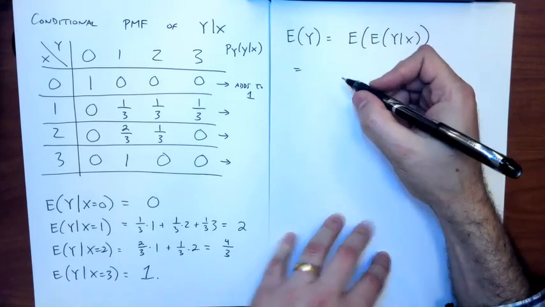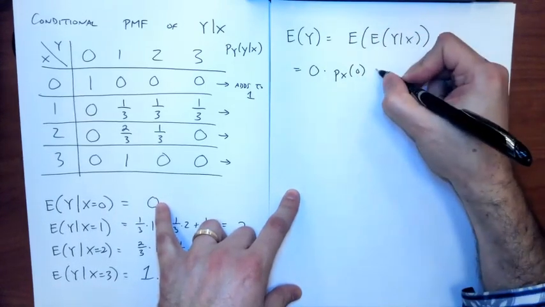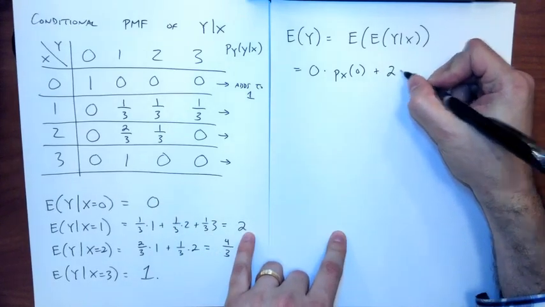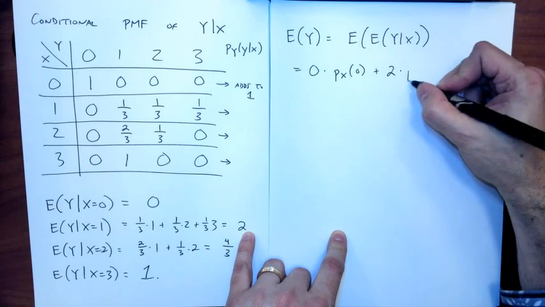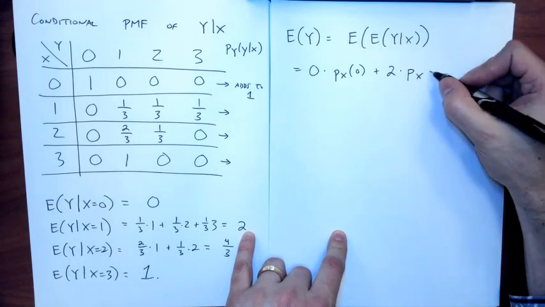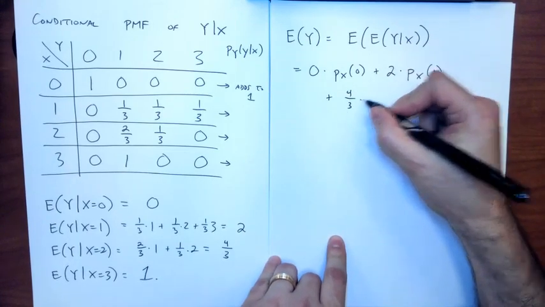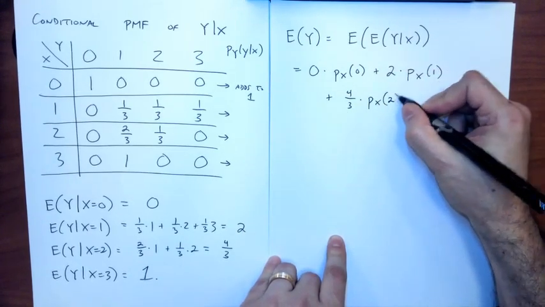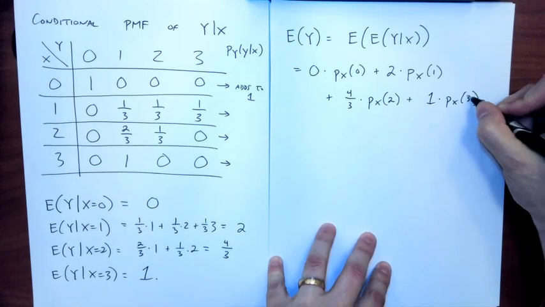So this is like saying I have 0 times the probability that x was equal to 0, plus 2 times the probability that x was equal to 1, plus 4/3 times the probability that x was equal to 2, plus 1 times the probability that x was equal to 3.